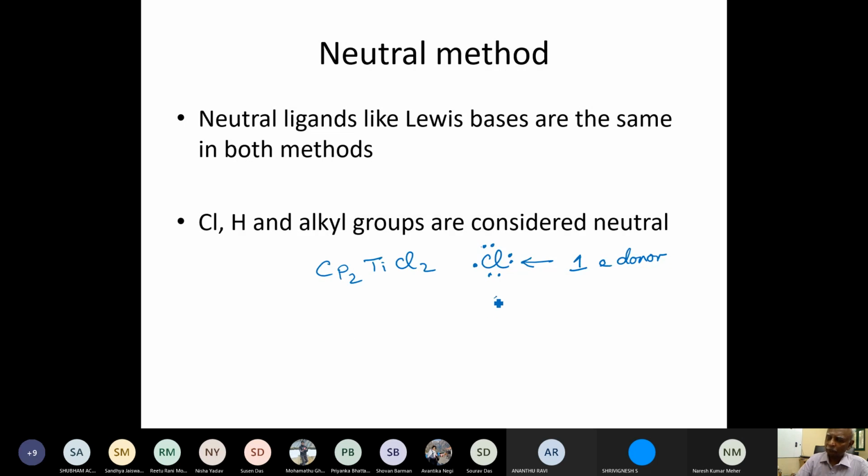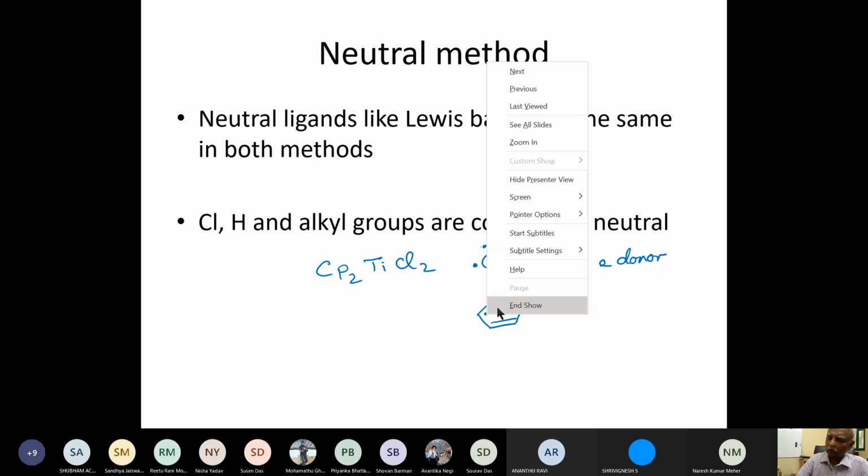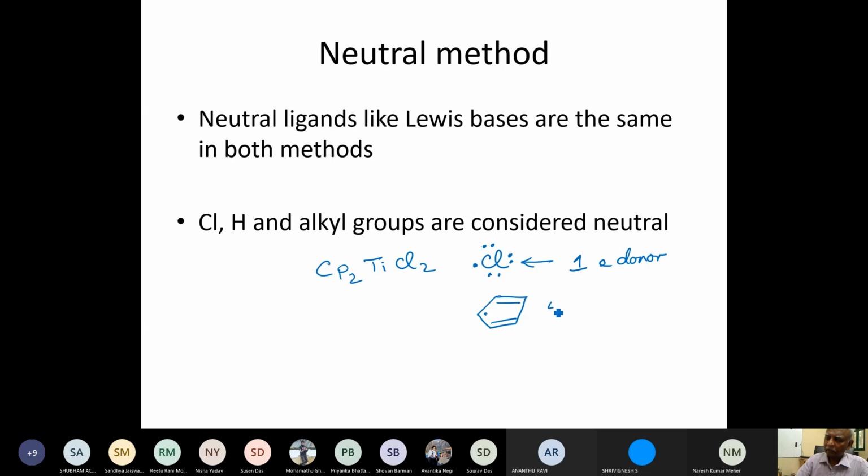Similarly, Cp is again a 5 electron donor. Titanium is a 4 electron donor. Even if titanium had fluorines, you would still consider titanium as a titanium 0 species. Even if it was Cp2TiF2, you would consider that as a 4 electron donor.